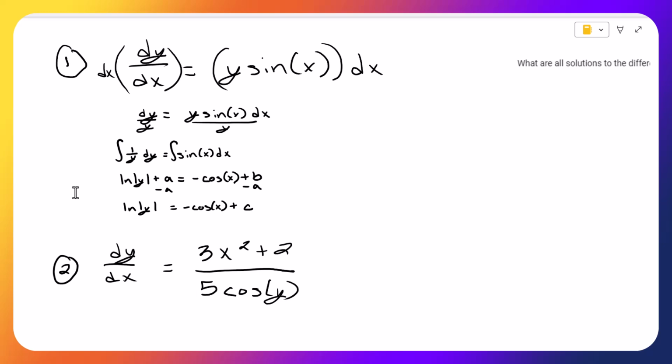And now, hopefully you remember this from pre-cal, how to solve for y if you have natural log of y. What we do is we exponentiate. We make this our exponent. And how do I get rid of natural log? Well, the inverse of natural log is e.